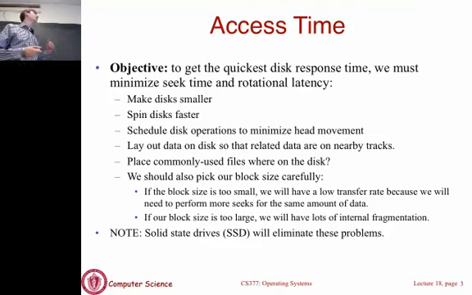So we instead need to consider how we're going to schedule our disk operations to minimize the amount of movement that the read-write head has to do. We can also do other things that will have an impact on that, such as laying out data in an intelligent way. If all of your data is in one area that's very compact on the disk, then in order to read that data, your read-write head will have to do less movement than if your data is scattered all over the disk.